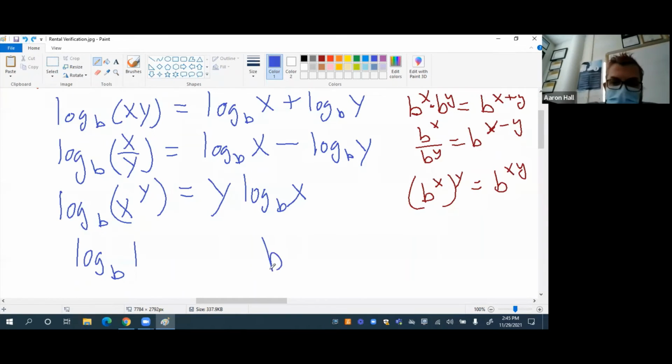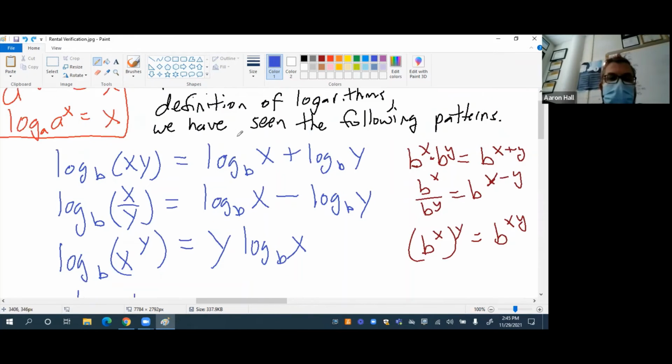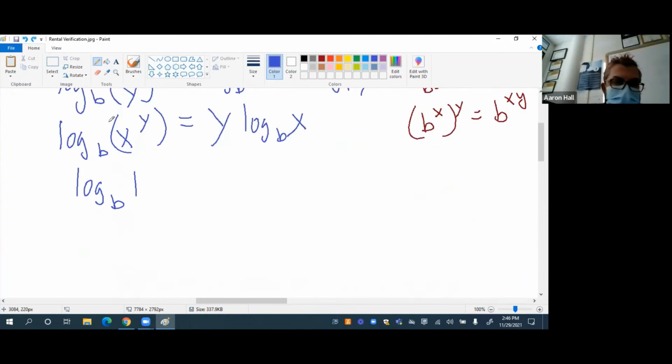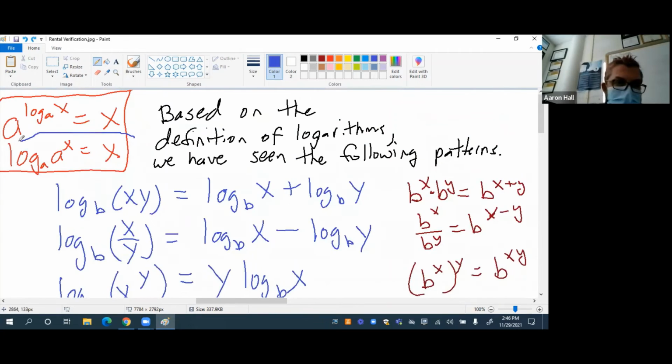If I had log base b of b to the power of b, that would be b. It is 0. Let's look at this one right here. If we have log base a of a to the power of x, then they undo each other, and I'm left with my exponent of x.